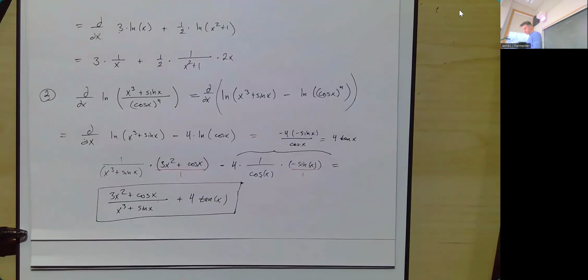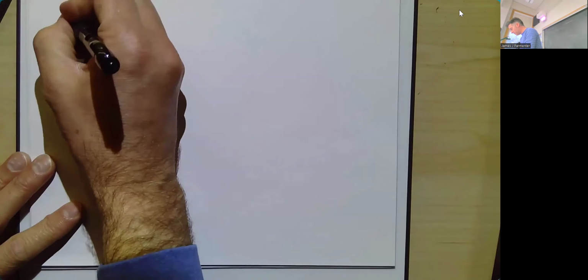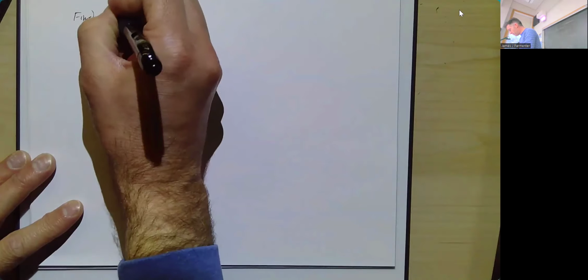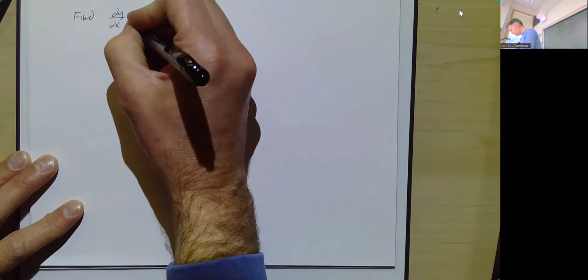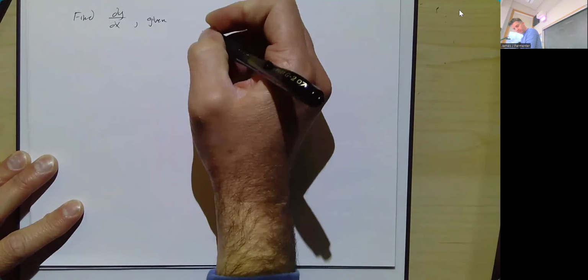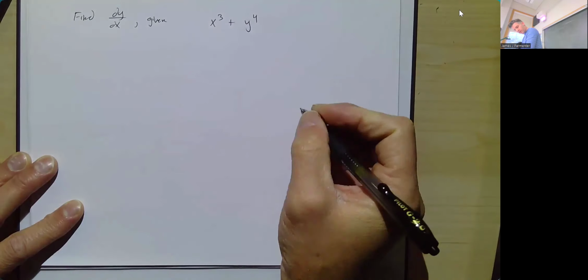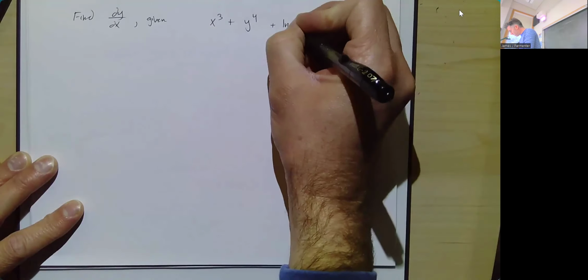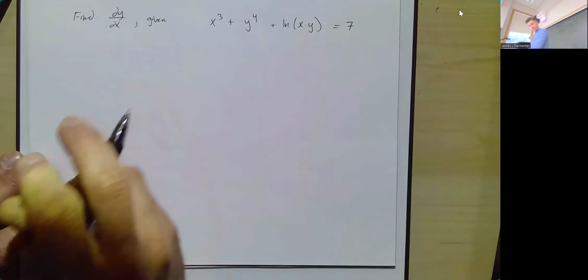All right, let's look at another one. Let's look at something slightly different. Let's say I want to find the derivative dy dx given the equation x cubed plus y to the fourth plus the natural log of x times y equal to 7.